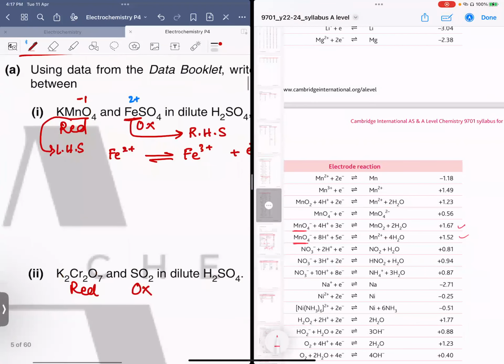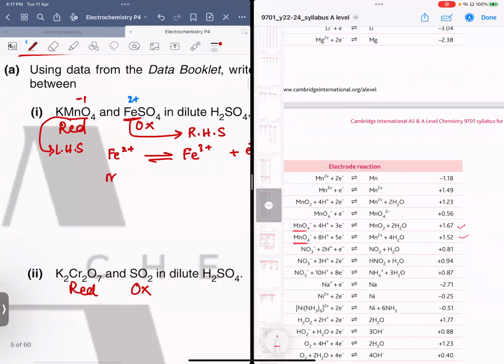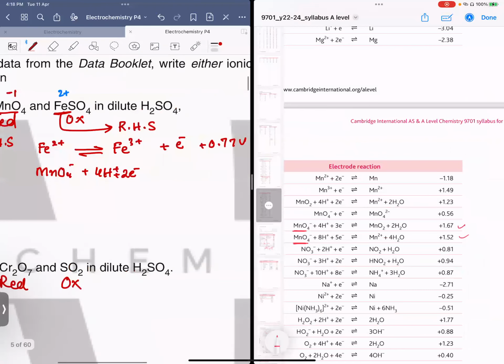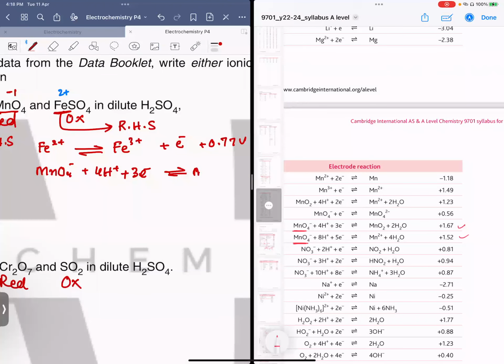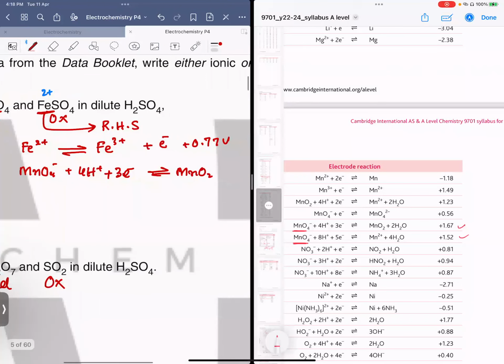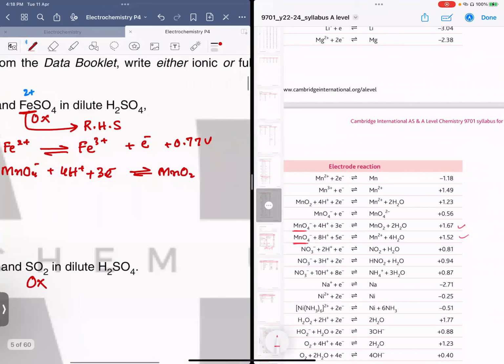So the first one is MnO4 negative plus 4H positive plus 3 electrons gives MnO2 plus 2H2O.